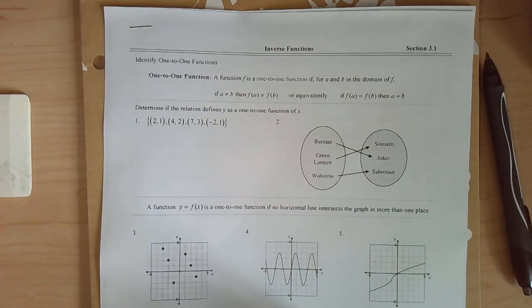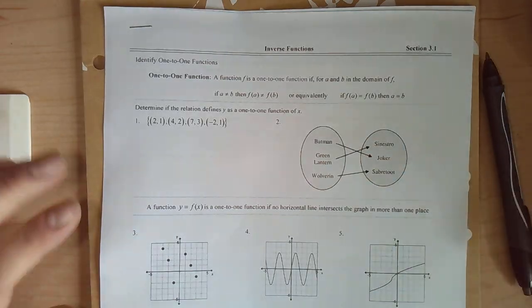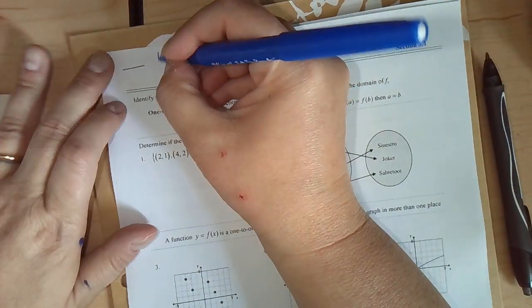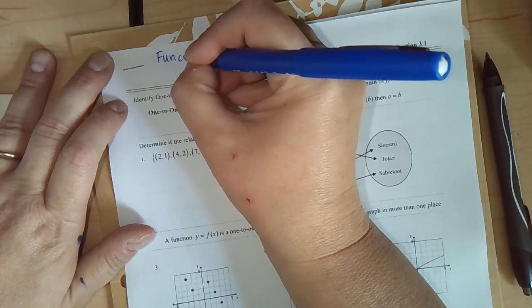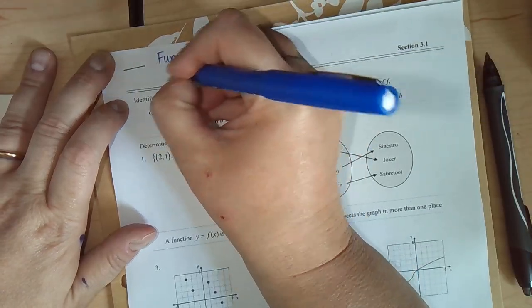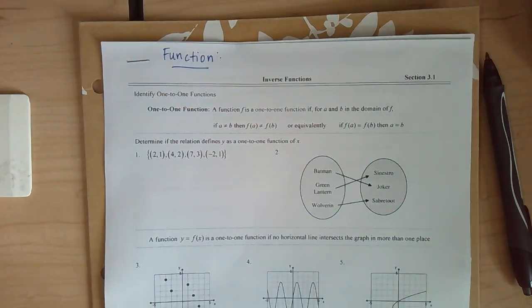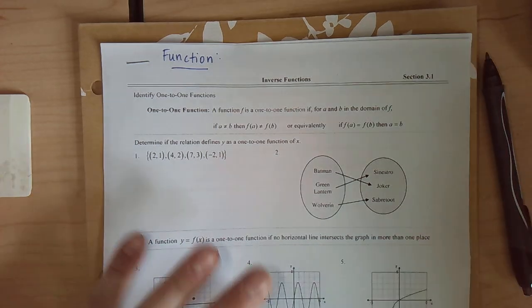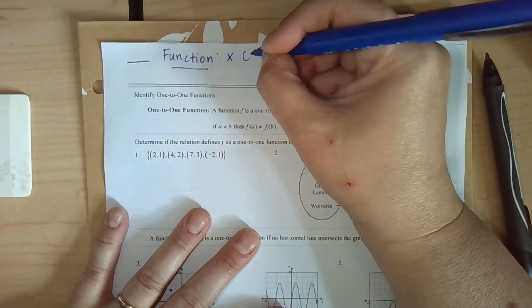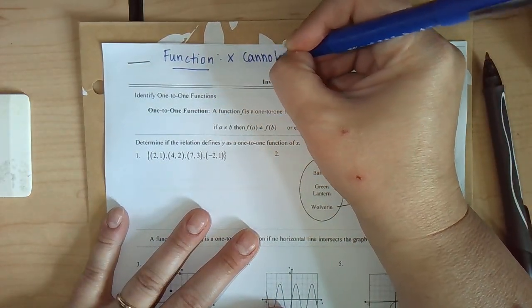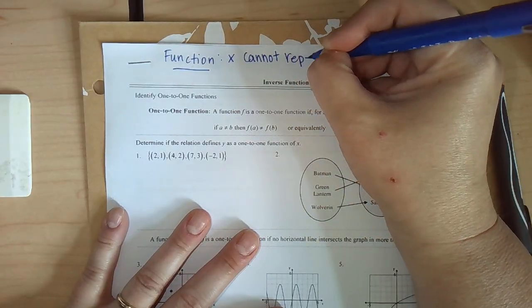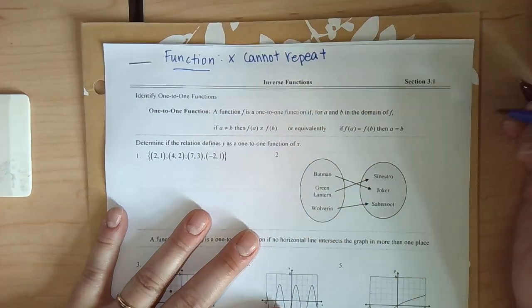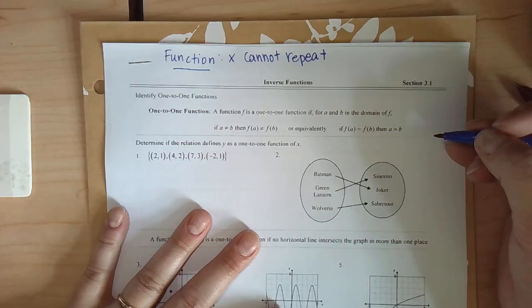All right, first we're going to start off with something called a function, and you probably already remember this definition from college algebra. To be a function, the x cannot repeat in the t-chart or on the picture.